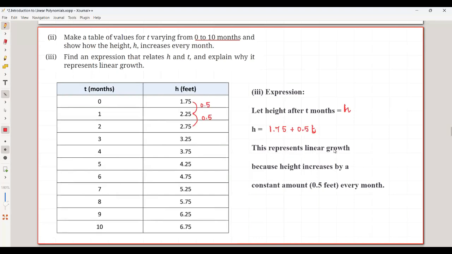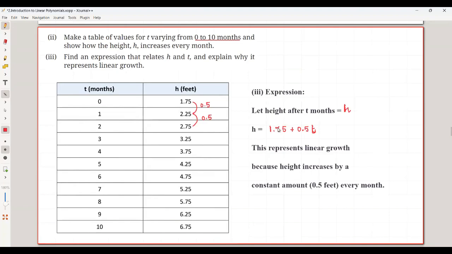Now this represents linear growth because the height increases by a constant amount, 0.5 feet every month. It keeps on increasing by the constant amount. Therefore, this comes under linear growth.